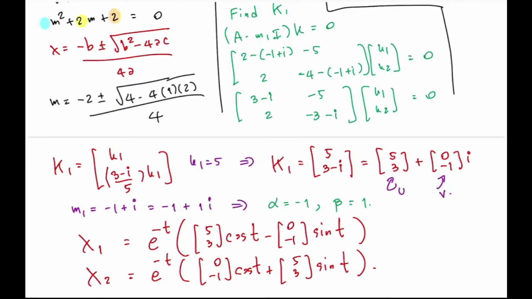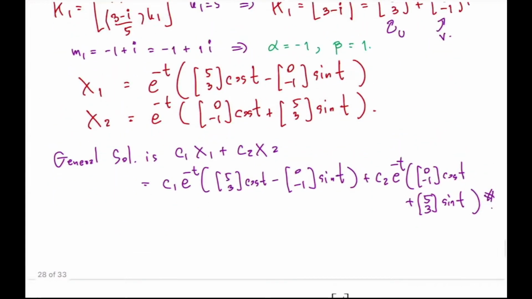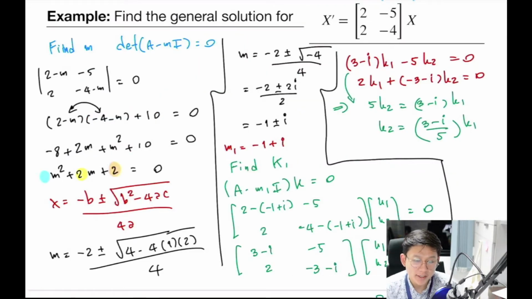After that, we need to split this K1 into the real part and imaginary part, which are u and v. Okay, and don't forget that our m1 is this guy, which means that alpha is minus 1 and beta is 1. And we use this formula to obtain x1, x2 solutions. Okay, after that, the general solution is just the linear combination of x1 and x2, and that's it.